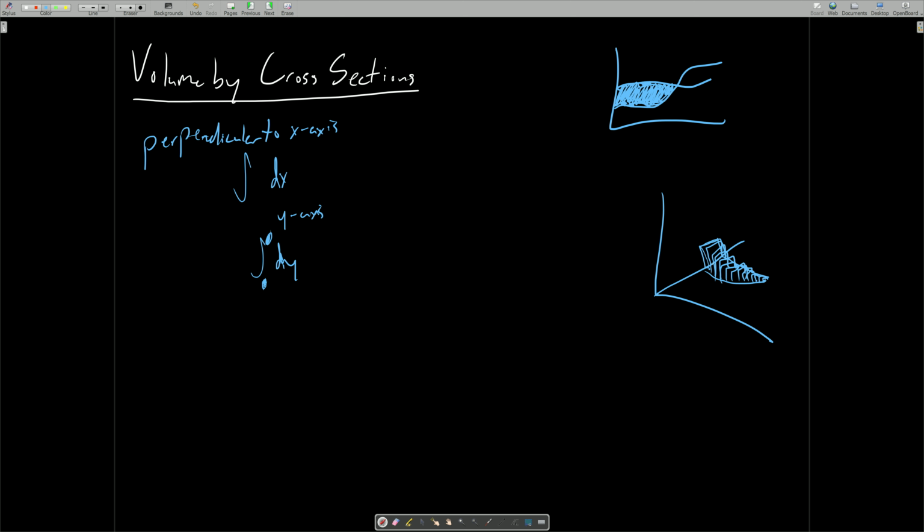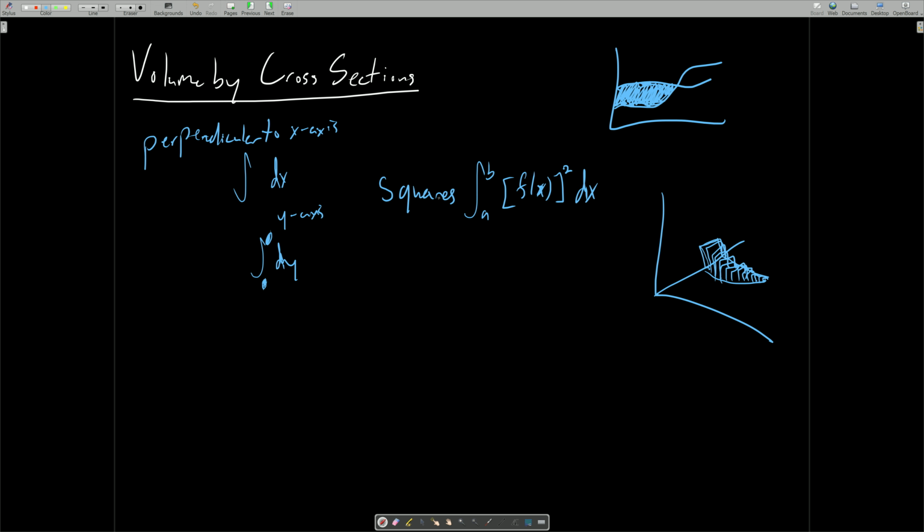So we have the fundamental idea of what the cross section looks like, and I'll start writing down some formulas. For squares, it's going to be the integral of your function squared, right?